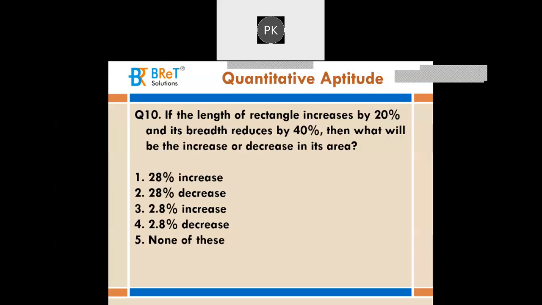Good. Kaveri got option 2. Good. Shailashri option 2. Ranjit option 2. Good. Okay, make it fast, guys.